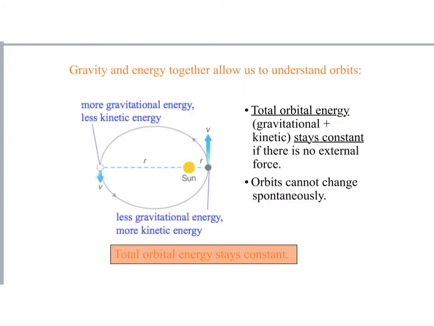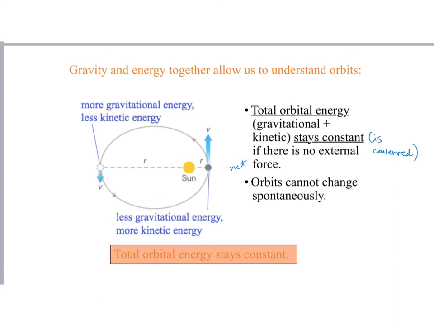So now the question is, can we use all this information about energies together with gravity, obviously, to allow us to better understand the orbits? It turns out that the total orbital energy, the gravitational plus kinetic, stays constant. It is conserved as long as there is no external net force acting on our system.